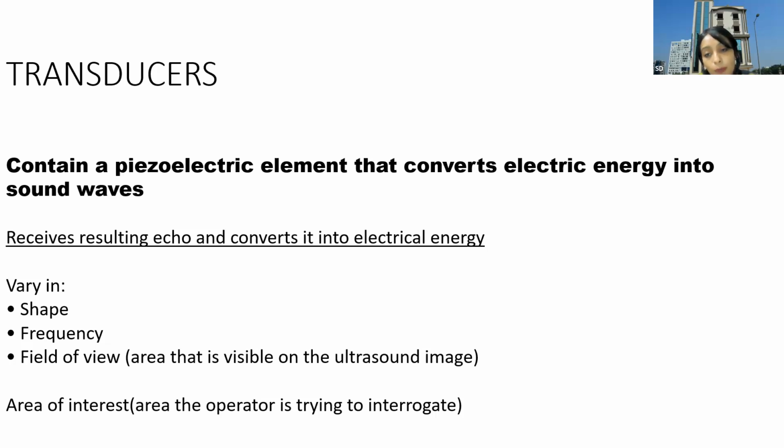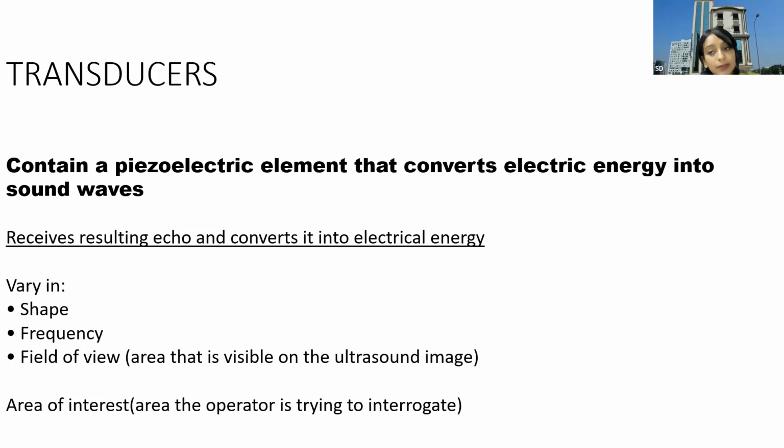When the opposite happens, that is, electrical energy comes back to the tissues and mechanical energy is formed, that is known as the reverse or inverse piezoelectric effect. The transducer receives the resulting echo and converts it into electrical energy. Transducers may vary in size, shape, frequency, and field of view.